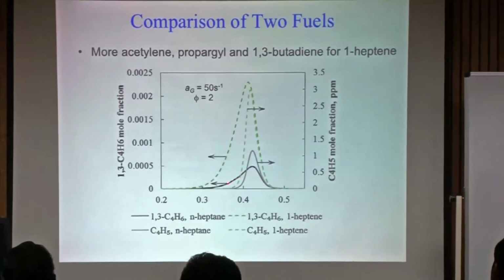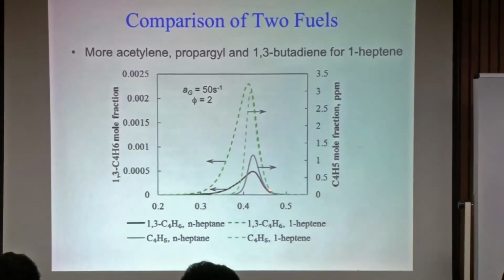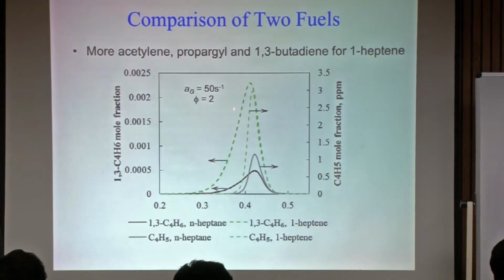You can see this black line is heptane and this green one is heptene. So a lot more butadiene. Again, this provides the evidence that's why there is more benzene in heptene flames.